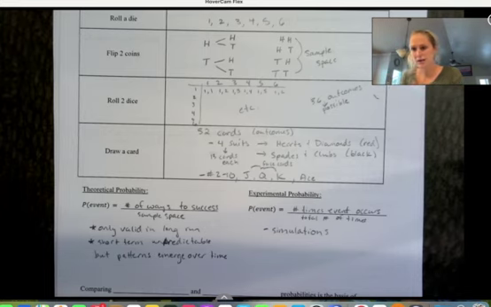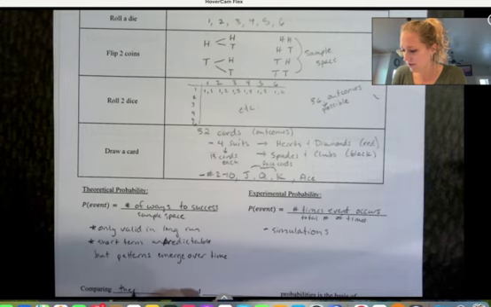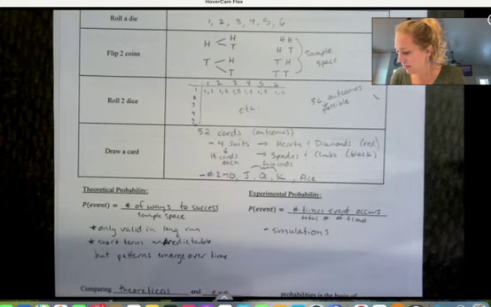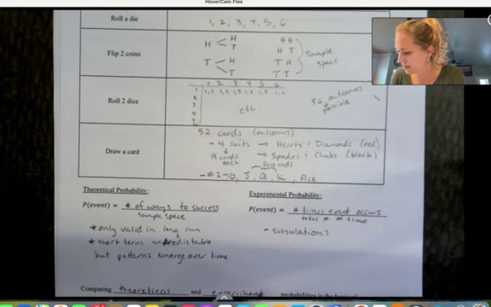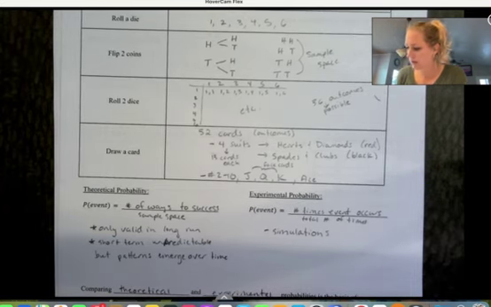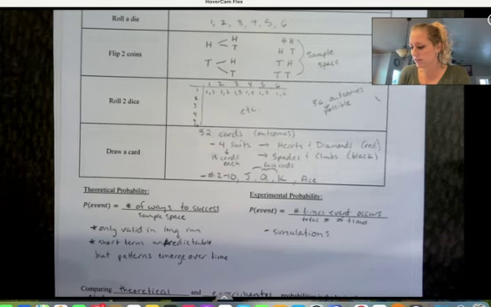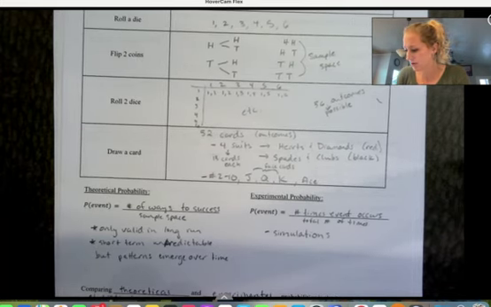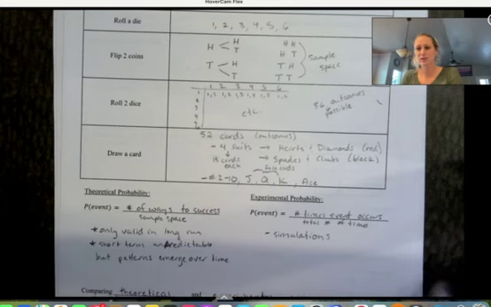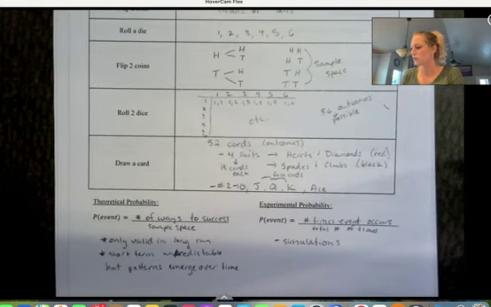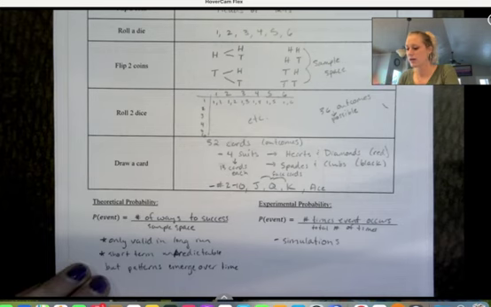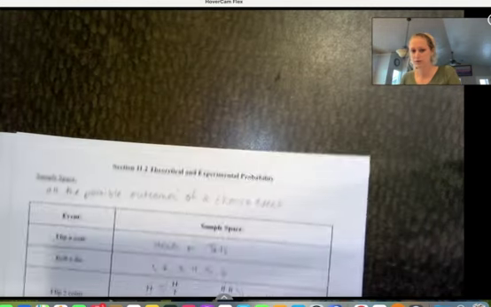Okay, so comparing theoretical and experimental probabilities is the basis of statistical inference. So it's kind of like making those two meet in the middle. Okay, so we're going to do some examples of mostly theoretical probability.